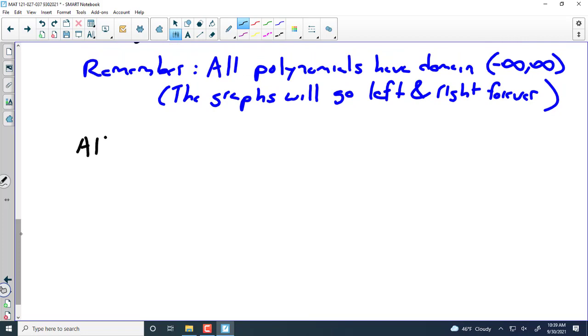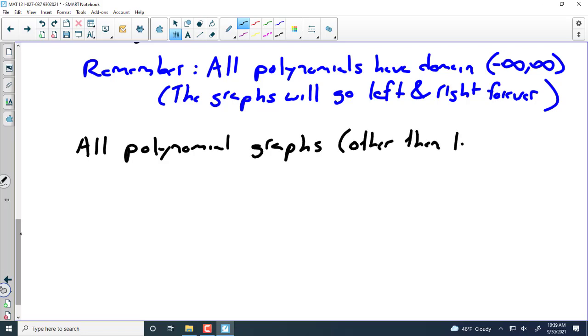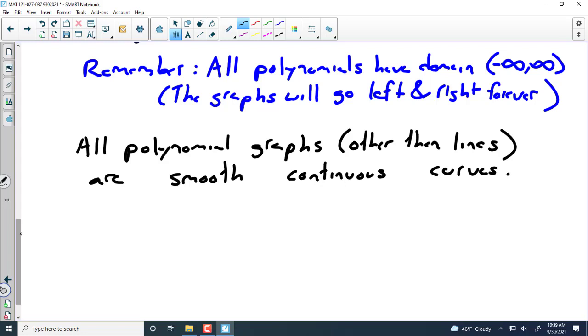All polynomial graphs, other than the lines, we don't need to worry about graphing the lines today because we already know how to do that. So all polynomial graphs except for straight lines are smooth, continuous curves.